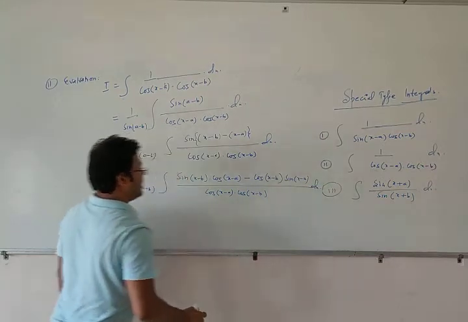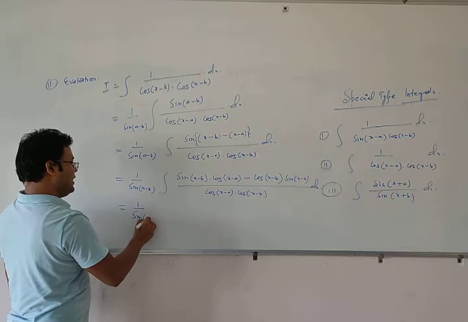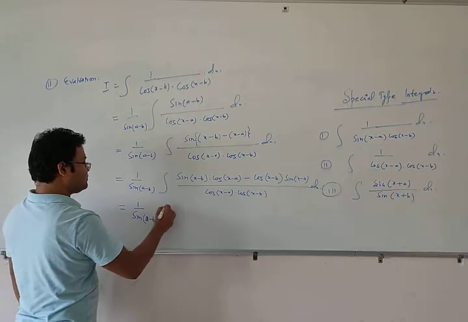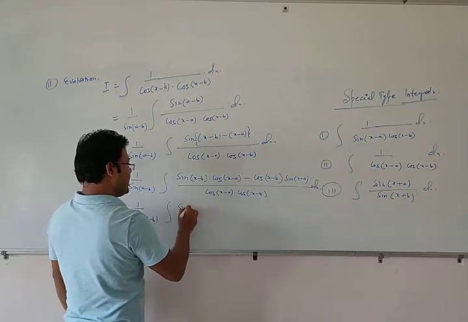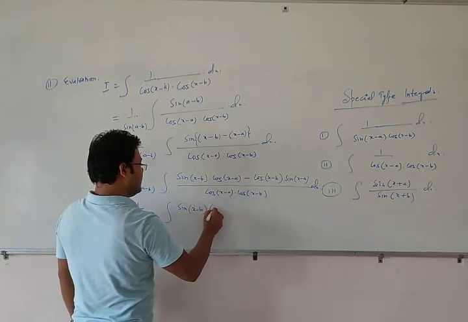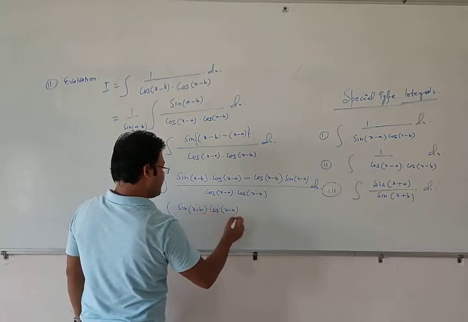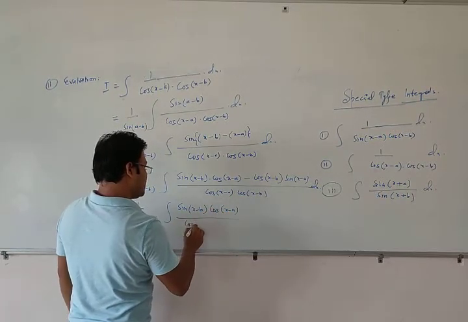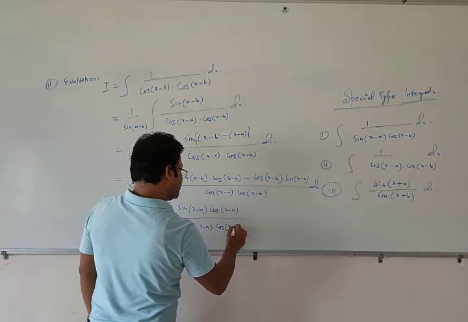Here is dx. Now you can separately divide this: 1 by sin(a minus b) integration of sin(x minus b) cos(x minus a) divided by cos(x minus a) cos(x minus b).